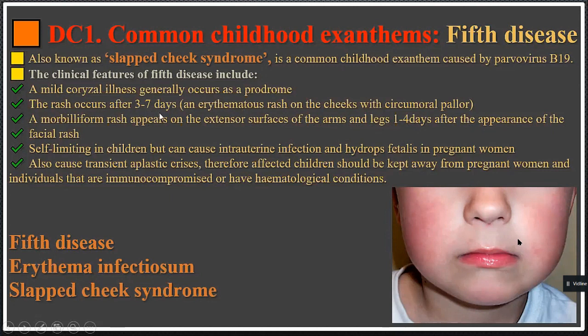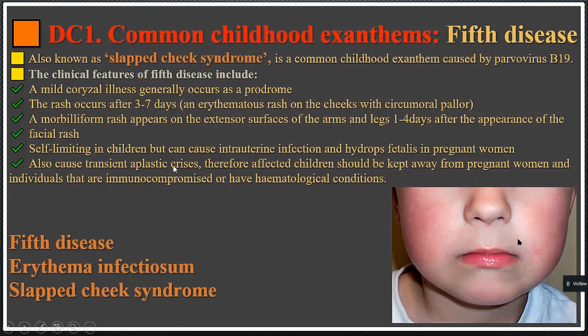So it will be specific here if they mention that. The treatment is self-limiting in children, but it can cause intrauterine infection and hydrops fetalis in pregnant women. So if a pregnant woman is exposed to this, it can cause intrauterine infection and hydrops fetalis.